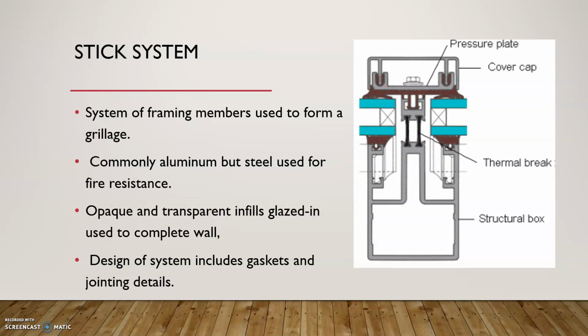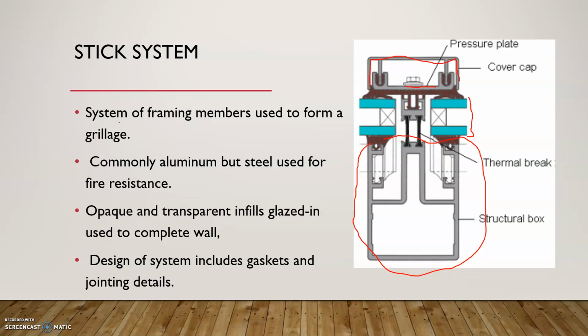This is the pressure plate, and then this is the face cap, which is going to be on the exterior face of the facade, and here is the glass, which is a double glazing unit, and this is the back box, which is going to be on the interior face of the facade.